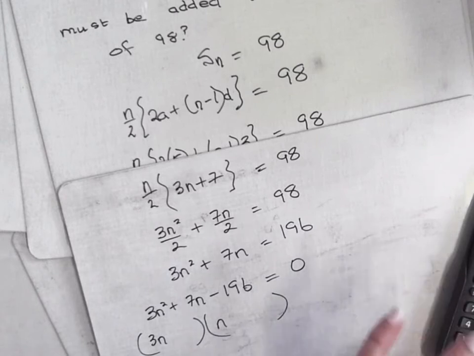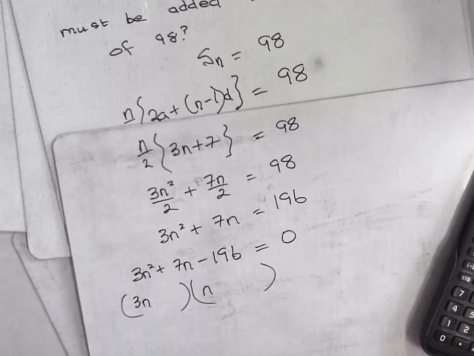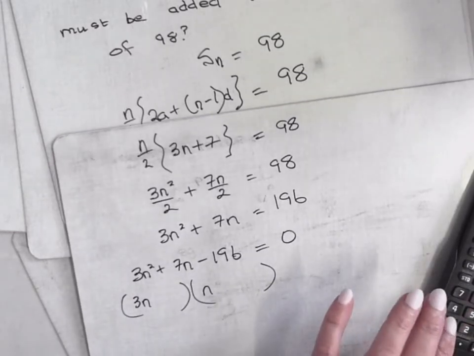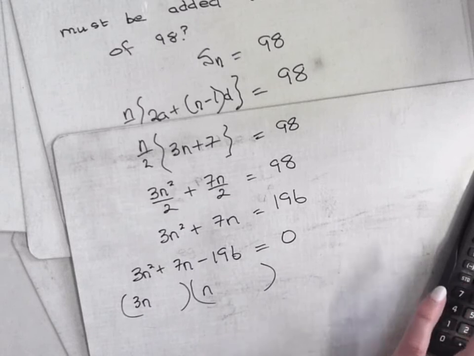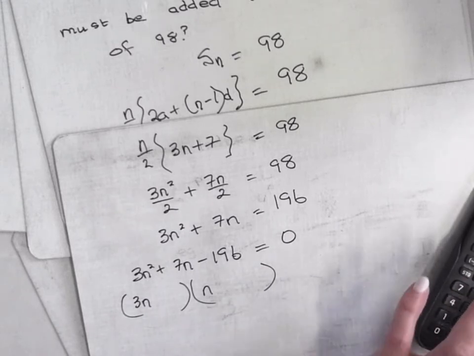You could be typing away there in your calculator as easy as me. There's 49 and 4, but that doesn't give you 7. 49 and 4. No. 14 is probably 21. 196 divided by 21 equals 7. No, doesn't go in.